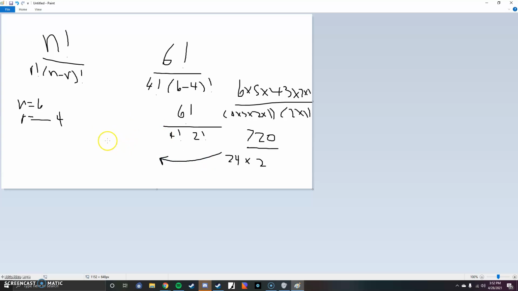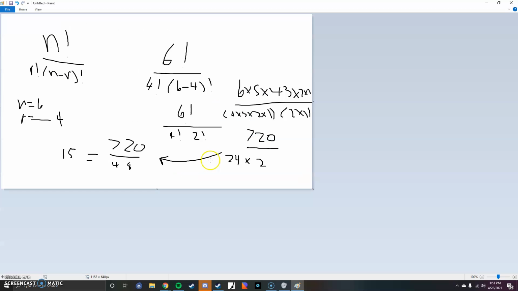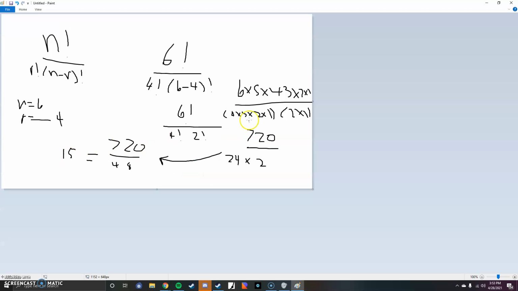So it'd be 720 over 48. So then it would be 720 divided by 48, and that would be 15. So we have 15 different groups you could take with this problem. And yeah, that's how many different groups of friends you could take. 15. I'm just going to erase all this now.